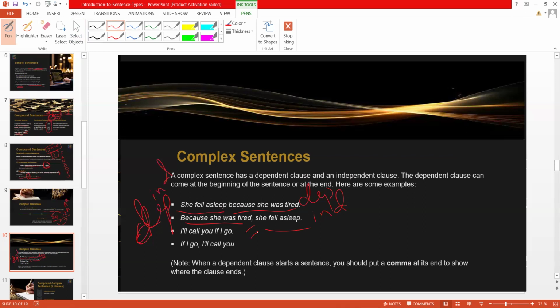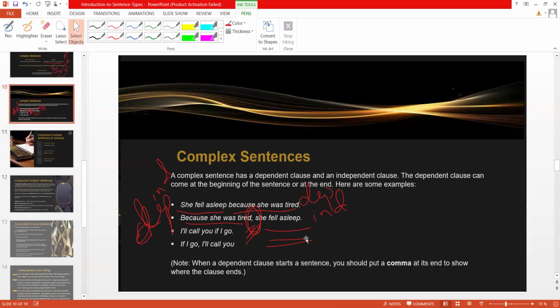We are not only writing for exams, we can write anything. Whenever we are writing, this comma is usually placed as a sign that the clause has ended here, and after that there will be another clause, something different. There are two clauses, so just to show that this clause has ended here, we put a comma there.